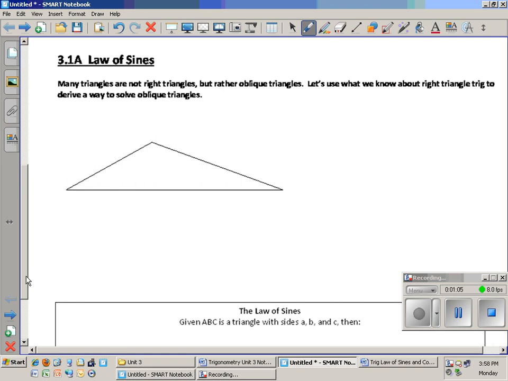If you fill this in with me, we're going to call the angles A, B, and C, and the sides opposite them little a, little b, and little c. Now, the triangle is not a right triangle, so in order to say something interesting about it, we need to change something.